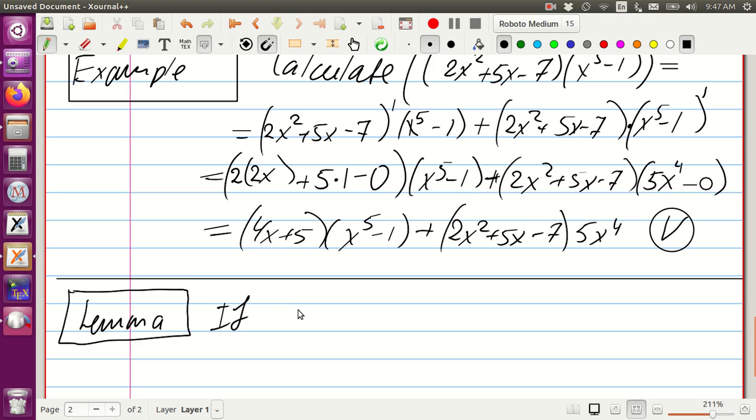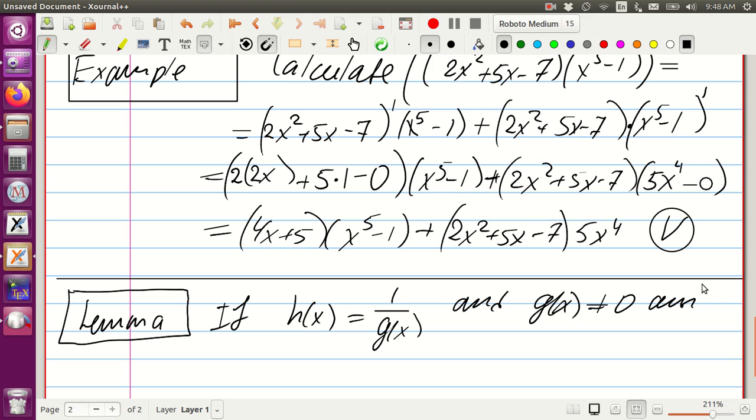It tells you the following: if you have a function that looks like 1 divided by some other function, and g of x is not equal to 0, and also g of x is differentiable.